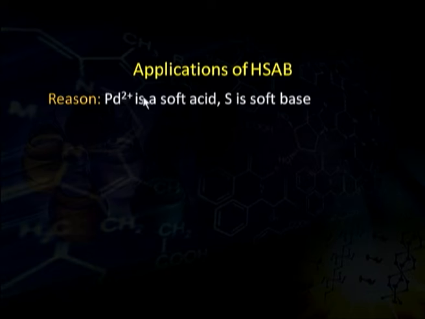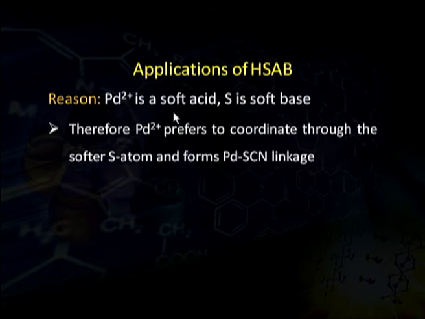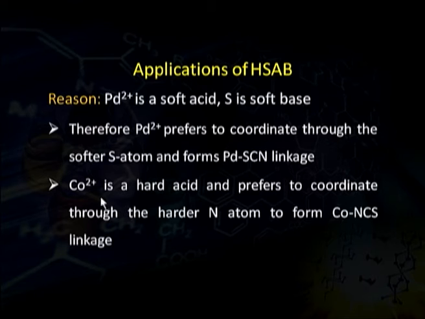The reason being, platinum is a soft acid, so it coordinates through the soft atom, which is sulfur. Therefore, it forms the Pd-SCN linkage, while cobalt is a hard acid and it prefers to coordinate through the hard atom, that is nitrogen, to form the cobalt NCS linkage. So, from this we can predict through which atom a particular metal would coordinate.